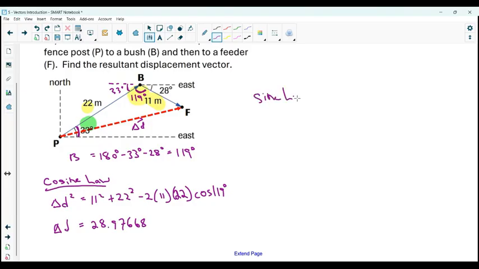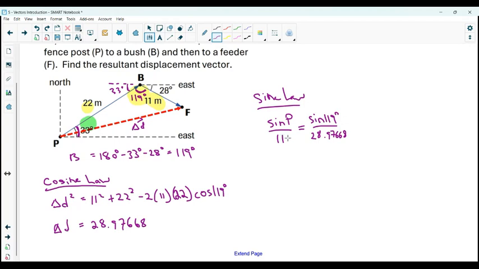For sine law, we're going to say sine of an angle, that would be angle P, over a side, which is opposite, we know is 11, equals the sine of a known angle, 119 degrees, over the side that's opposite that, which we calculated was 28.7668.